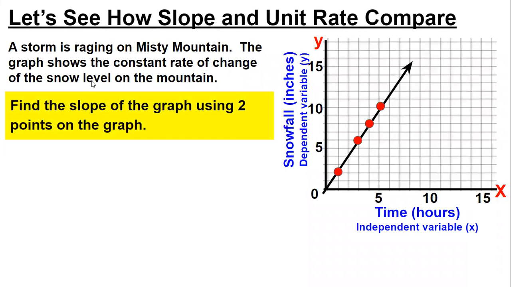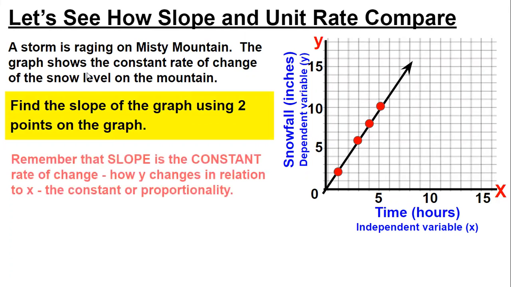So find the slope of the graph using 2 points on the graph. I've got 4 points there for you. Remember that slope is the constant rate of change. It's how y changes in relation to x. It's also known as the constant of proportionality, which is what we talked about in the first couple of lessons. So there's our formula. We have to memorize that.